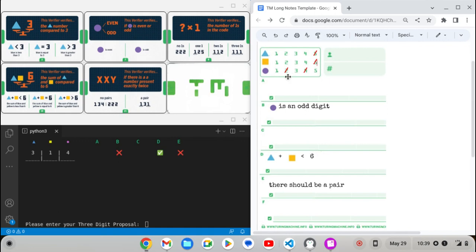So let's play a little bit of a thought experiment to see if indeed triangle and square are paired up. It couldn't be 4, 4, and it couldn't be 3, 3, because both of those add up to either 6 or greater.